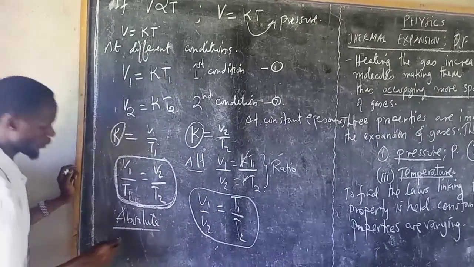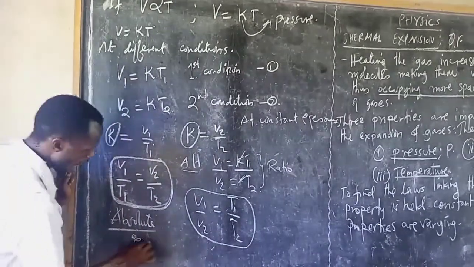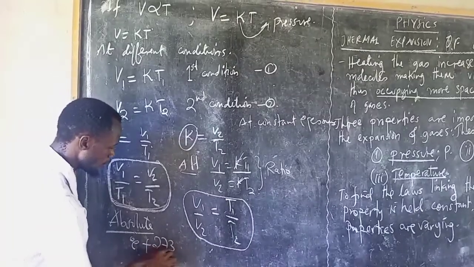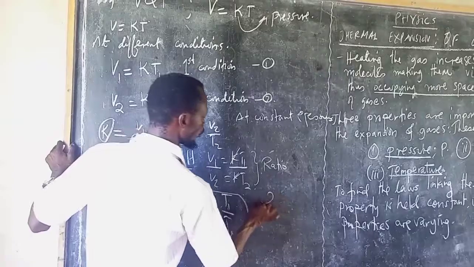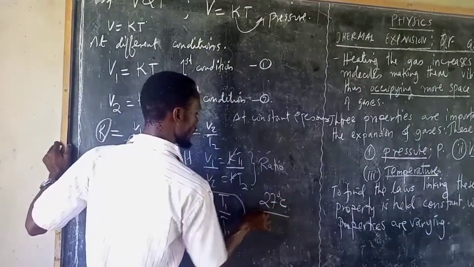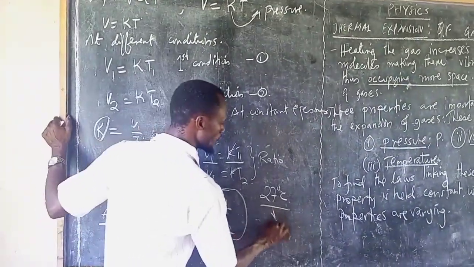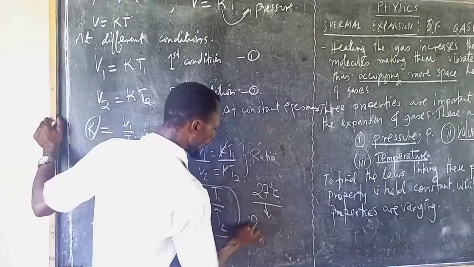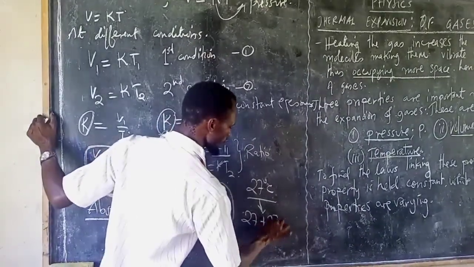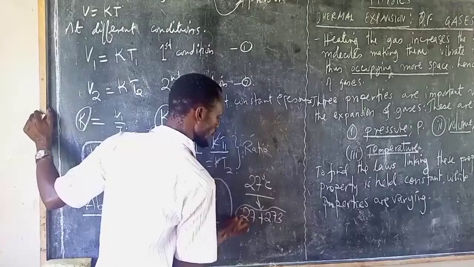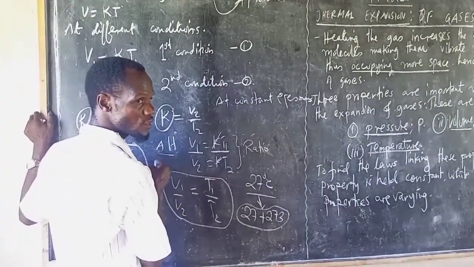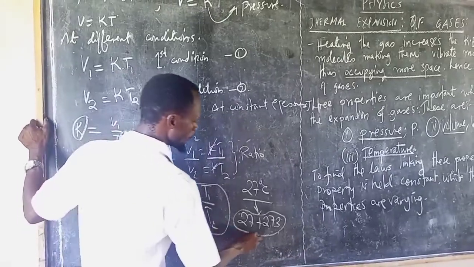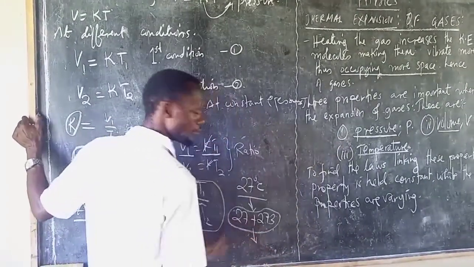Once it is given in degrees Celsius, you add 273 to become Kelvin. For example, you have 27 degrees Celsius. To use it, you must add 27 plus 273 to obtain Kelvin. So very important, when solving equations, make sure that this is converted.